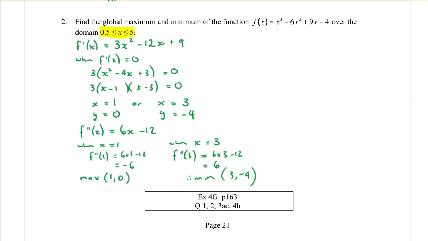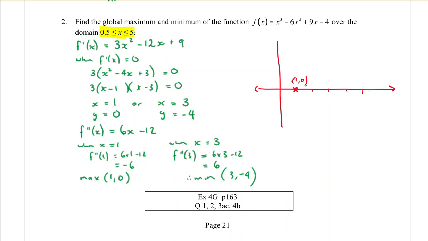So to draw it, I haven't got a lot of room here. So I have a point at 1, 2, 3, 4. Okay, so at 1, 0, that's going to be here. 1, 0.